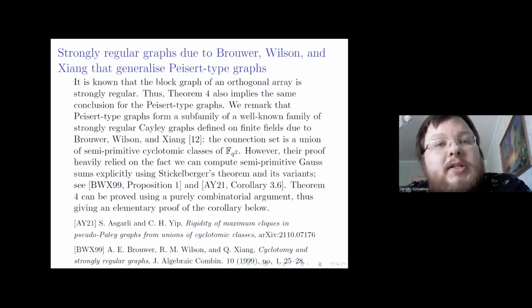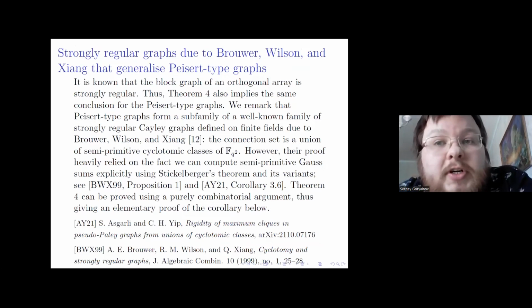It is known that the block graph of an orthogonal array is strongly regular. Thus, theorem 4 also implies the same conclusion for the Peisert-type graphs. We remark that Peisert-type graphs form a subfamily of a well-known family of strongly regular graphs defined on finite fields due to Brouwer, Wilson, and Xiang. The connection set is a union of semi-primitive cyclotomic classes of F_{q^2}.